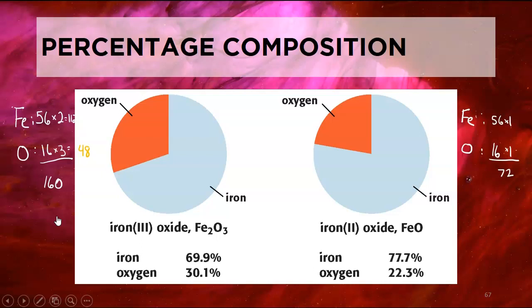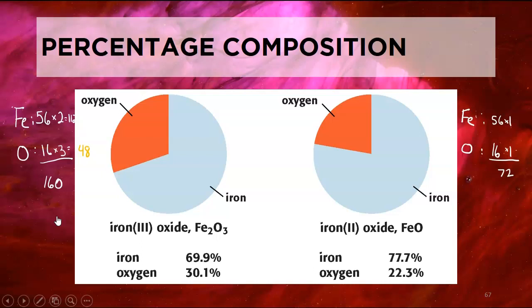If we take 112 divided by 160, you should get 0.7, so about 69.9%, and then 48 divided by 160 is about 30%, 0.3.